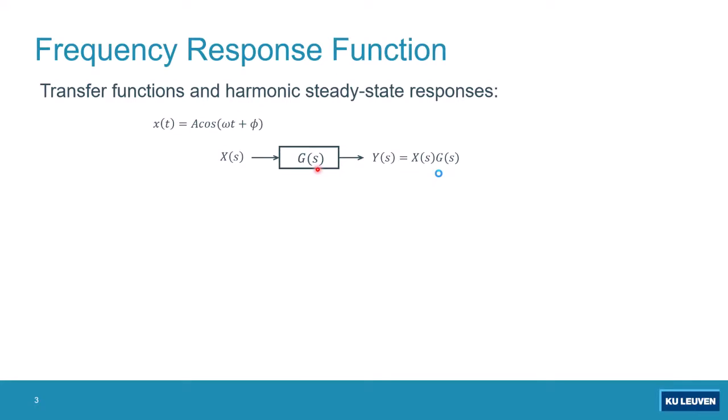Just as an illustration, let's consider a cosine function as the harmonic input. This input has an amplitude of A, a frequency of omega, and a phase lead of phi. So it's a cosine function with a frequency of omega.